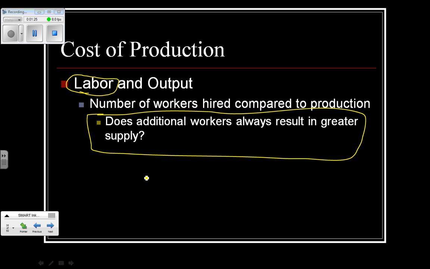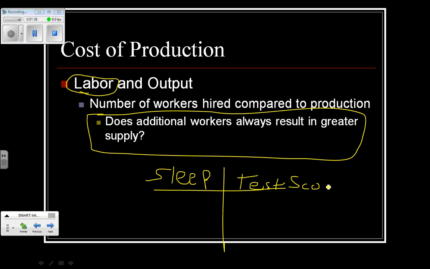Think back to the opportunity cost model we looked at with sleep and test scores, right? Sleep as opposed to test scores. And you got to a point where you had a decrease in scores when it decreased your sleep. Same thing happens with labor.